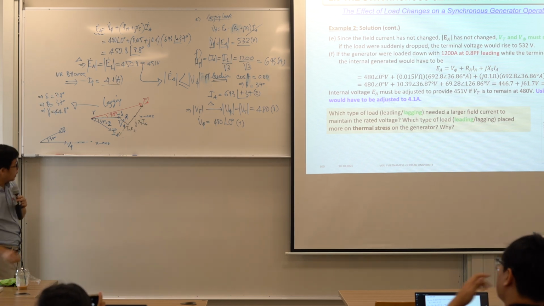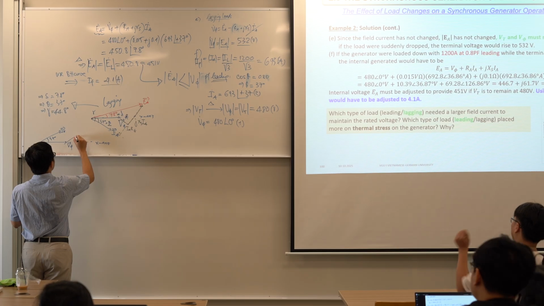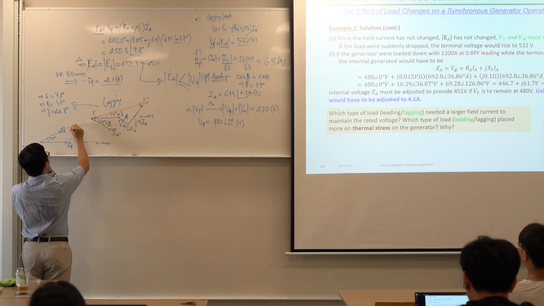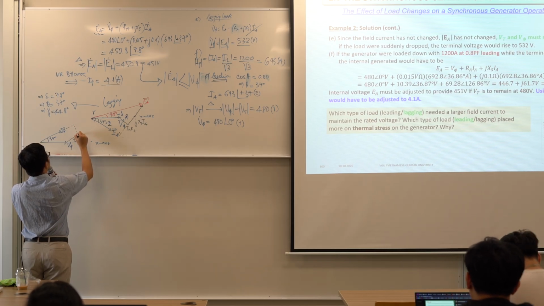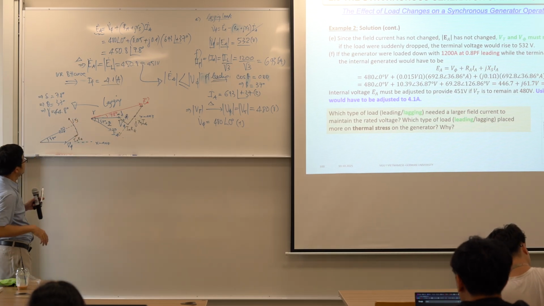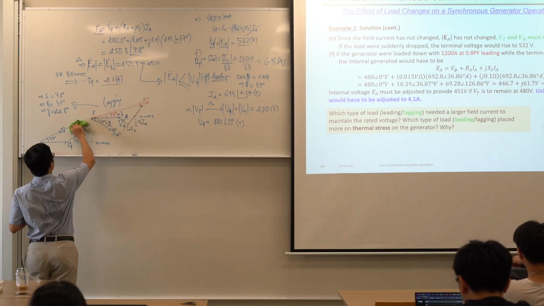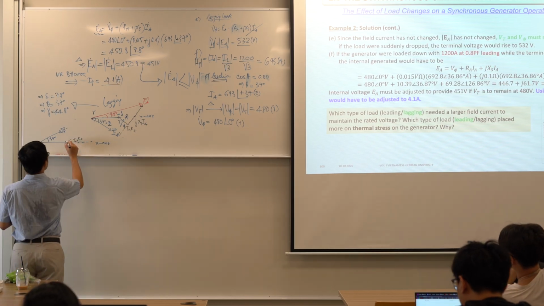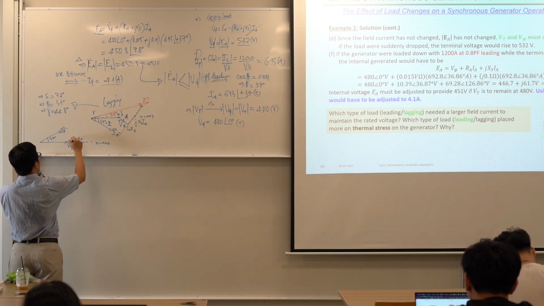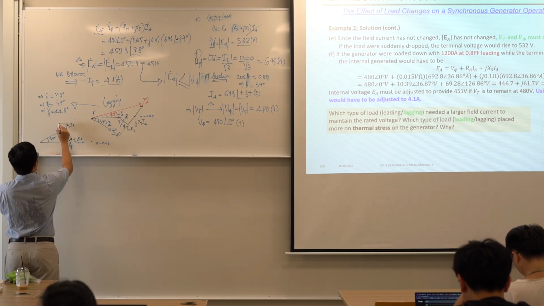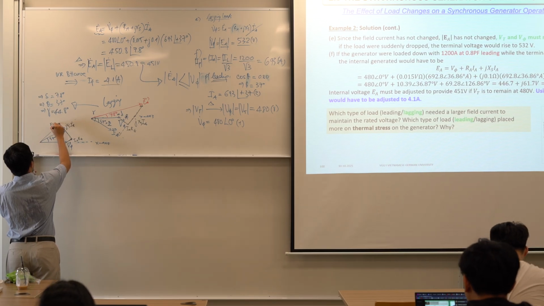So we can get this is IA, RA, and this one is jXS IA, maybe a little bit smaller. And this one is EA, right?